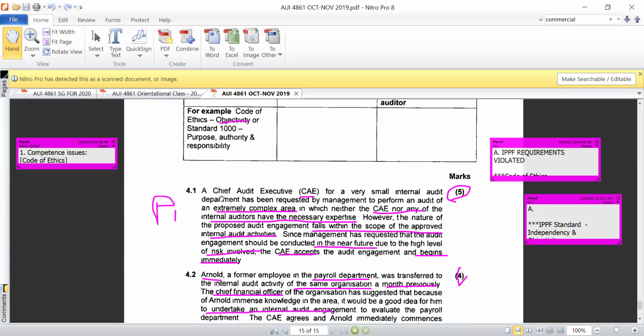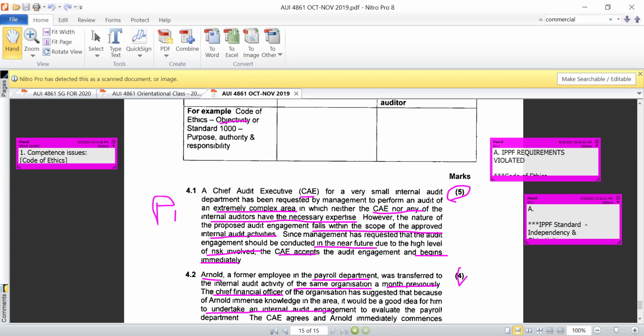So let's have a look at 4.1 here. They're saying the chief audit executive for a very small internal audit department has been requested by management to perform an audit of an extremely complex area in which neither the chief audit executive nor any of the internal auditors have the necessary expertise.